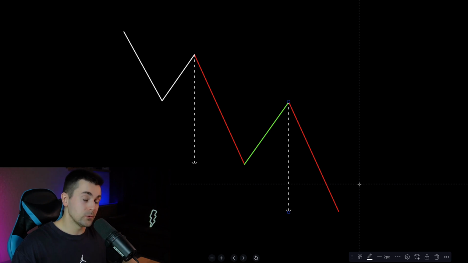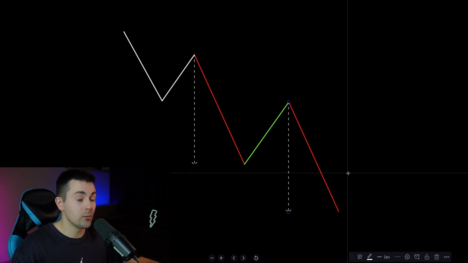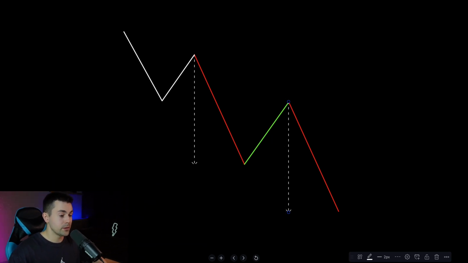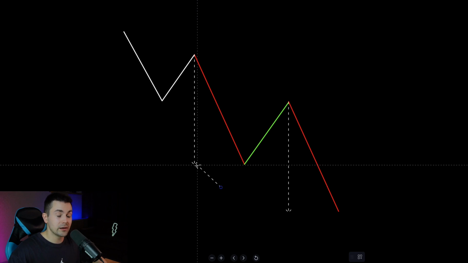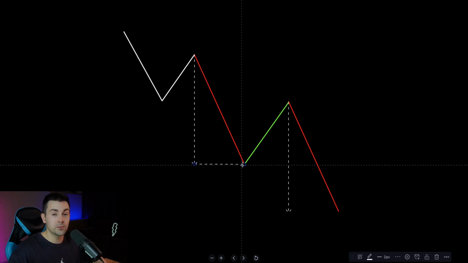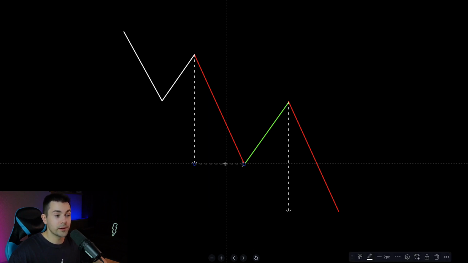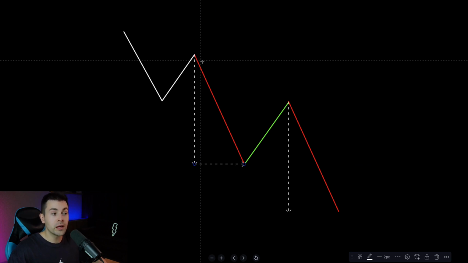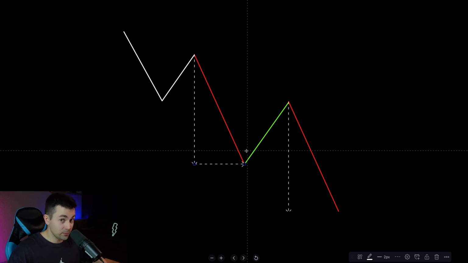But also, when you are trying to spot the harmonic movement, you should not forget about the time horizon of the impulse. Let me explain. Here, if we take that point and draw a horizontal line to the completion point of the impulse, we will get the time horizon of the impulse. That line over here will show us how much time it took for the market to form that impulse.